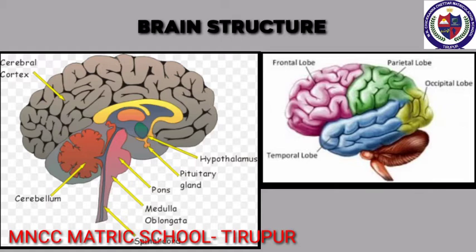Next, thalamus and hypothalamus. Thalamus, present in cerebral medulla, is a major conducting center for sensory and motor signaling. It acts as a relay center. Hypothalamus. It lies at the base of the thalamus.